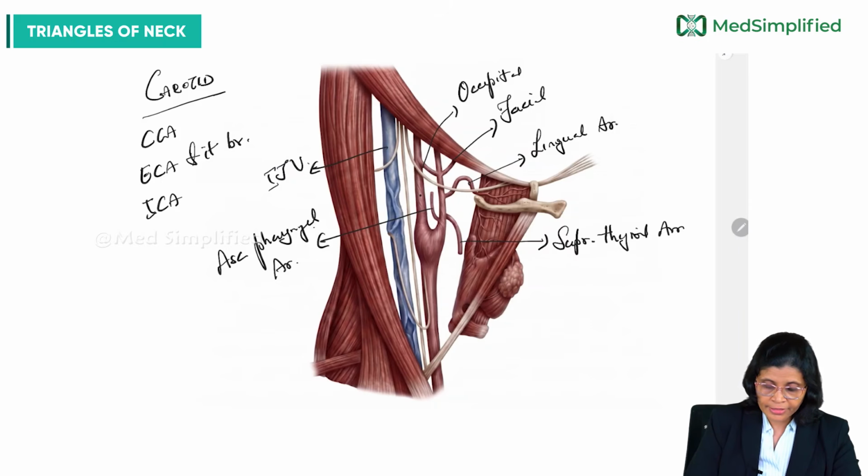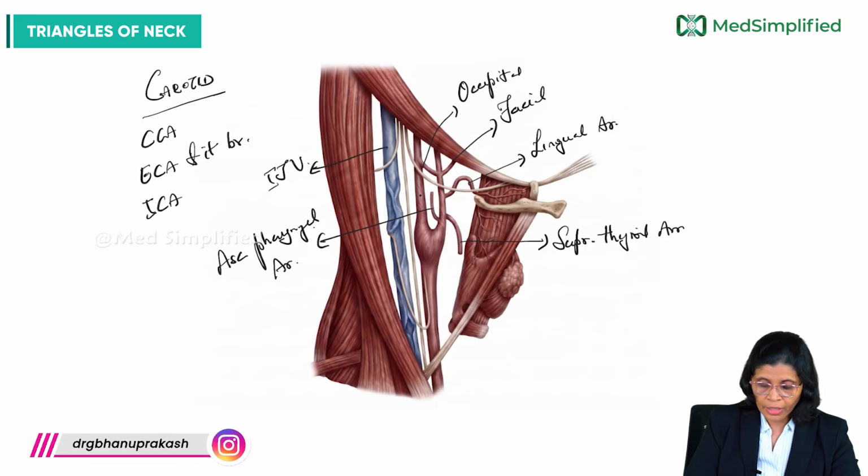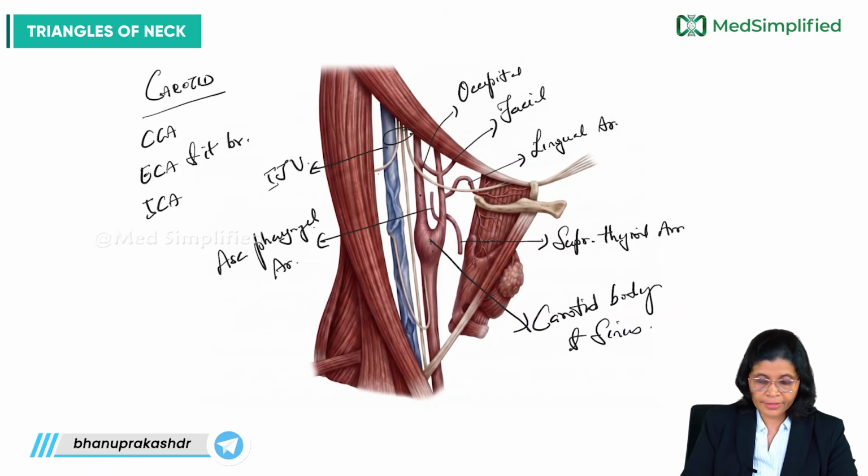Then we see 3 cranial nerves: the vagus, the hypoglossal, as well as the spinal accessory. Then we have the carotid body and the sinus.